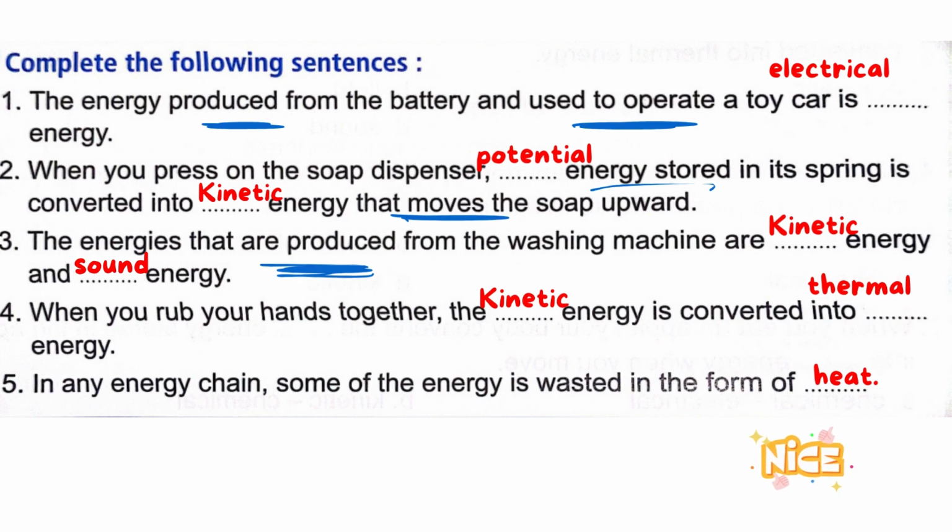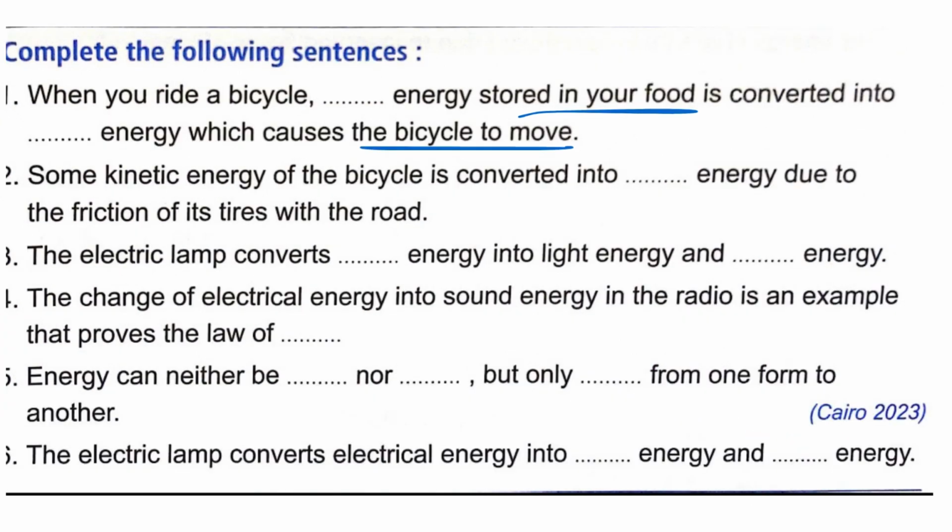This is nice. We will go to the next page here. When you ride a bicycle, energy stored in your food is converted into what energy which causes the bicycle to move? So we know that the food contains what? Chemical energy stored in the food.